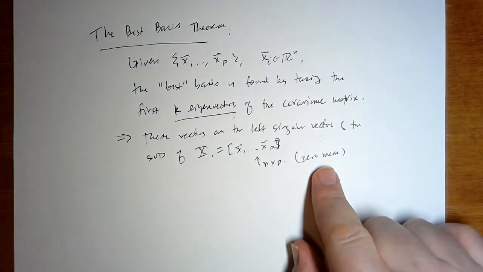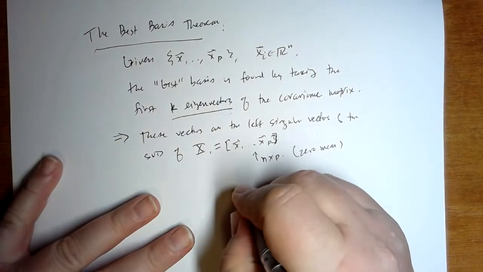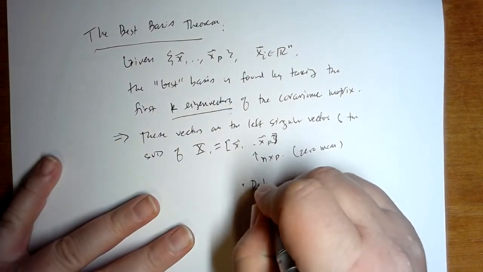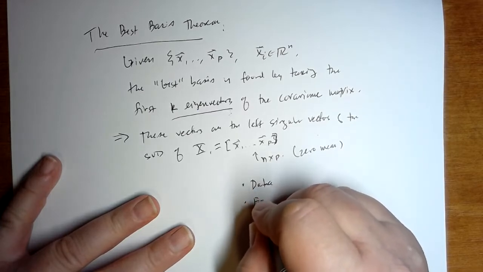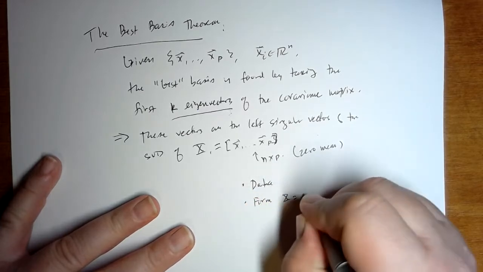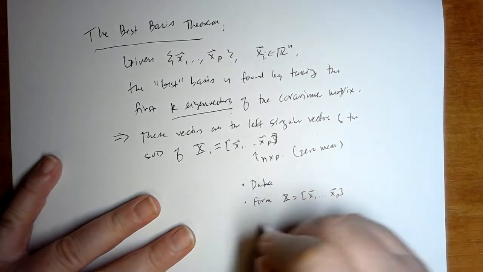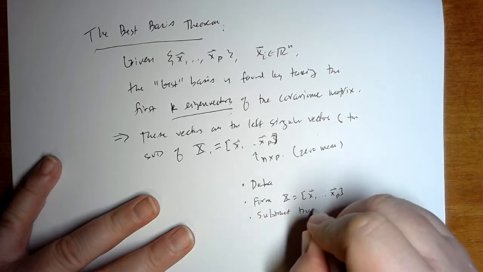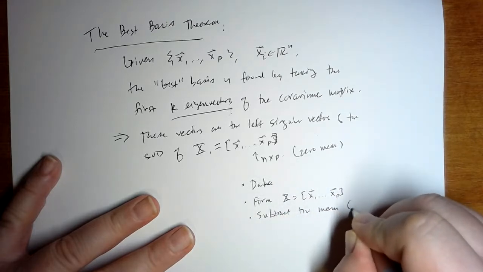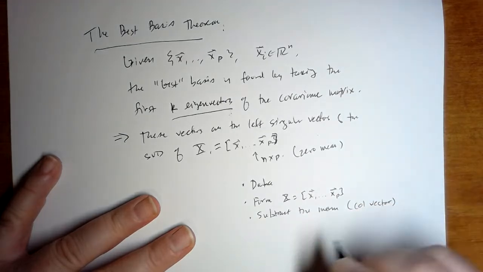So let me write down those steps. We take the data, we form X, we subtract the mean, and this is as a column vector, right?